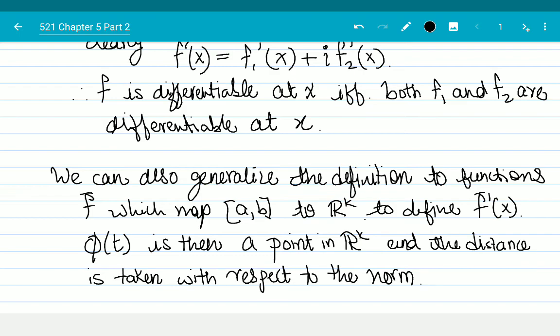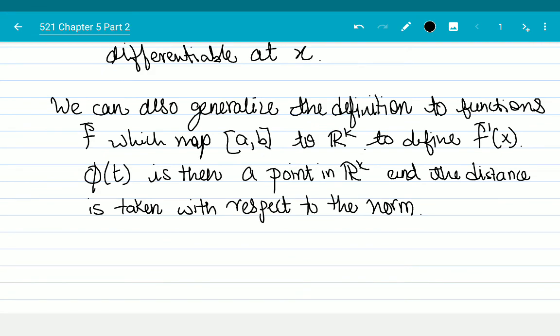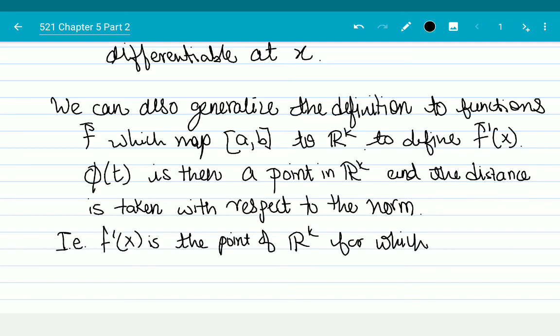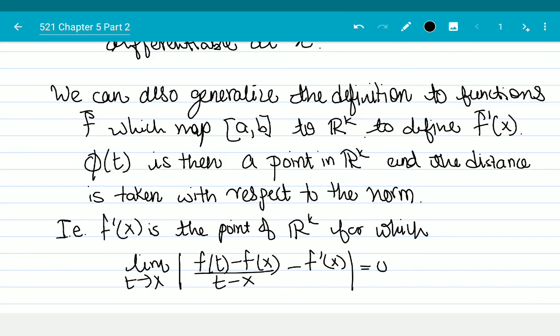Okay. In other words, f prime of x is the point of R^k, if there is one, for which the limit as t approaches x of the norm of f of t minus f of x over t minus x minus f prime of x is equal to 0.